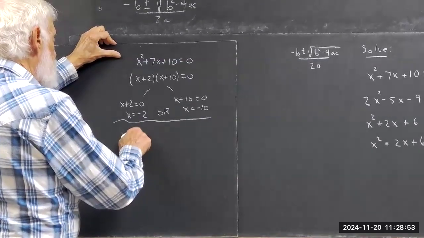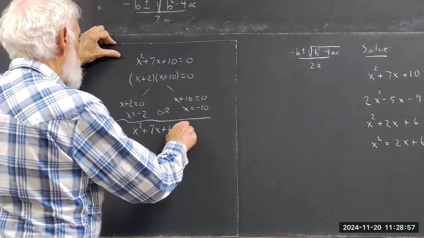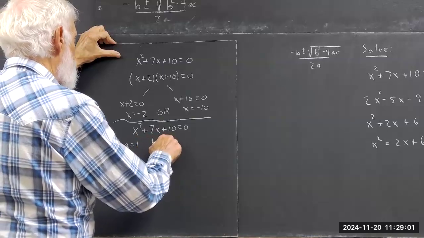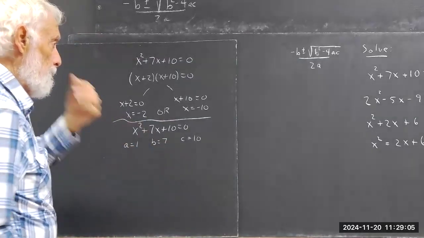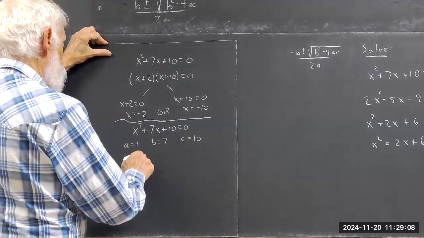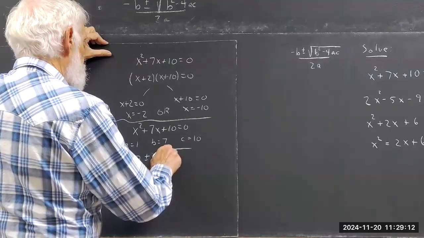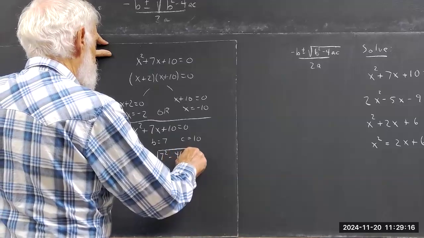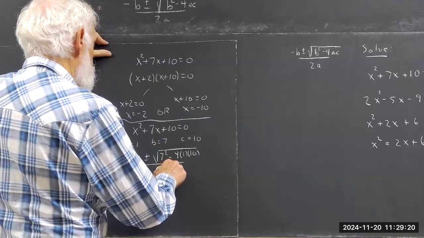Or by the quadratic formula. We use the quadratic formula to identify A, B, and C, and we get -7 plus or minus the square root of 7 squared minus 4 times 1 times 10, all divided by 2 times 1.